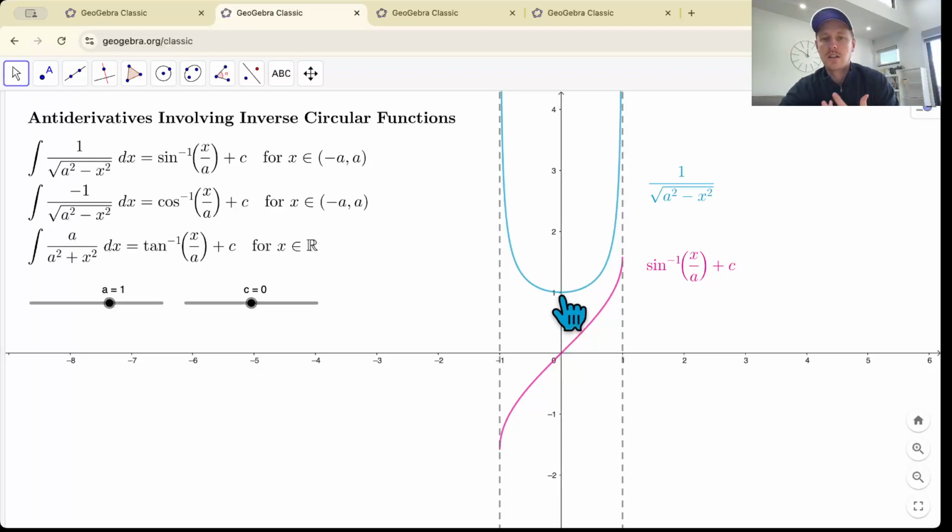In the reverse direction, if we take the antiderivative of this, it'll give us this. But remember, when you take an antiderivative, you have to have this plus c, because if we shifted this up or down and then differentiated it, the constant goes away. So the antiderivative of the blue function is the pink function.